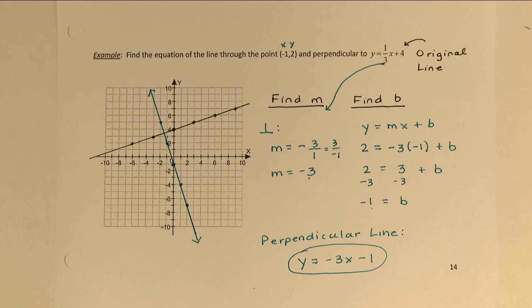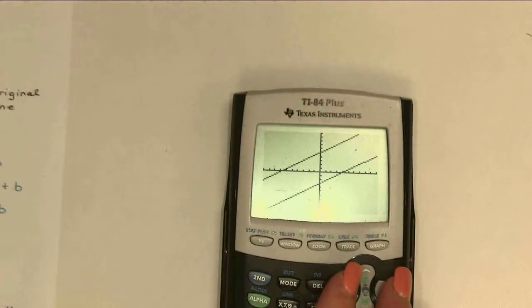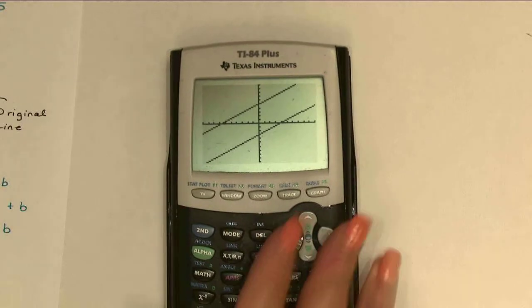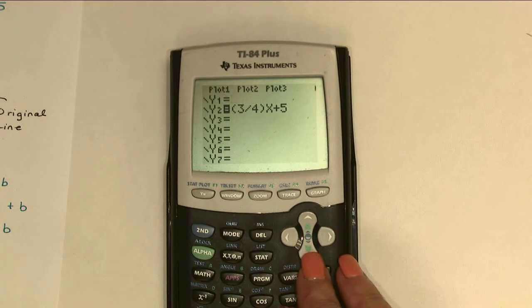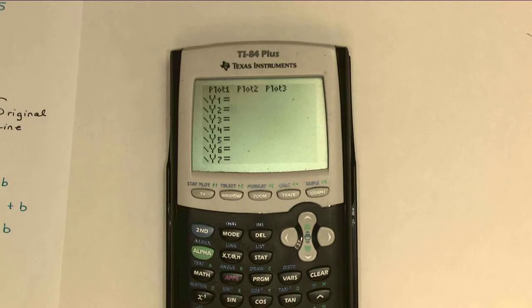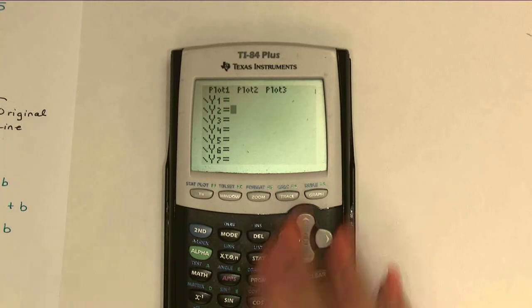I'd like to take a look at those graphs on the calculator as well. When you look at the two lines that I just graphed, they do look reasonably perpendicular, at least on my paper. But let's take a look at what would happen if we were to graph these on our calculator. Clear out our last two lines here in our y equals menu, and let's put in the new ones.